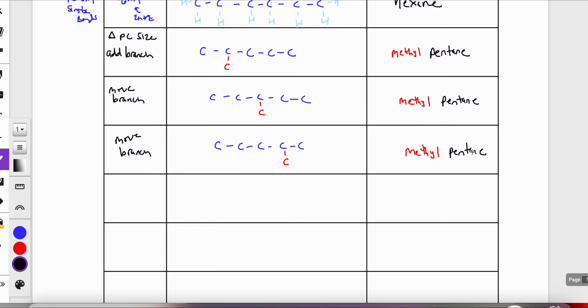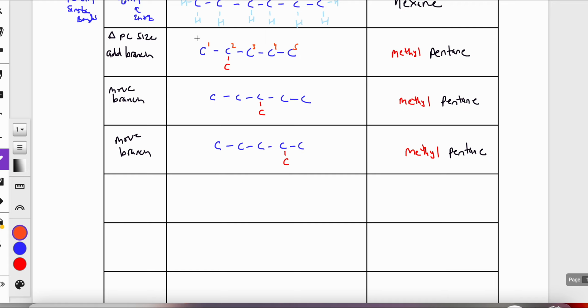So what I need to do is figure out whether these 3 methylpentanes are unique to each other, or is there a reproduction? To do this, we have to do the number designation. Getting used to doing this, I can see that this branch is much closer to the left side. So this is carbon 1, 2, 3, 4, 5.